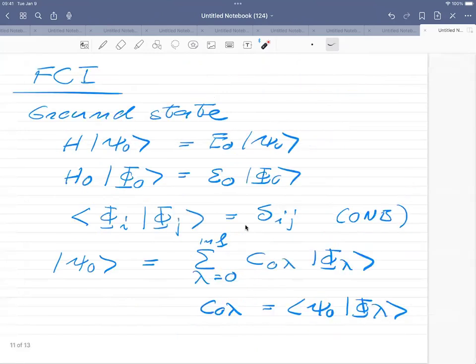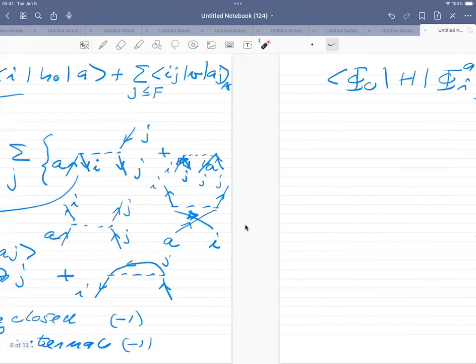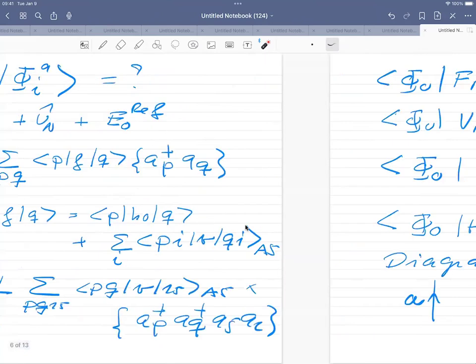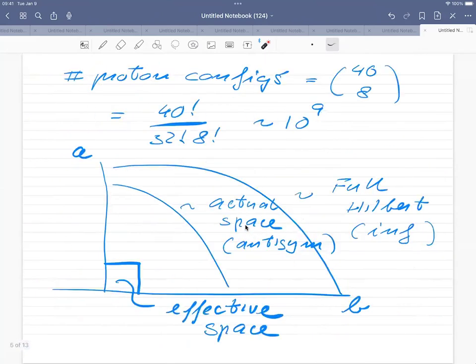Or if you look at this case here, if you can diagonalize a 1 billion by 1 billion matrix, you will get 1 billion states. And each of them will have a unique combination of coefficients for the eigenvectors.